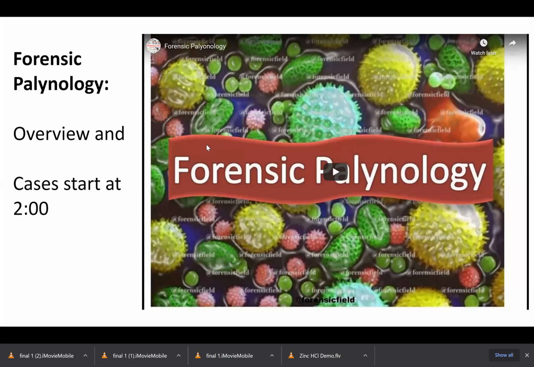All right. The last section of this chapter is forensic palynology, which is about pollen and how that can be some really good Locard's exchange, touch evidence, physical evidence there. It's a very specialized forensic science.